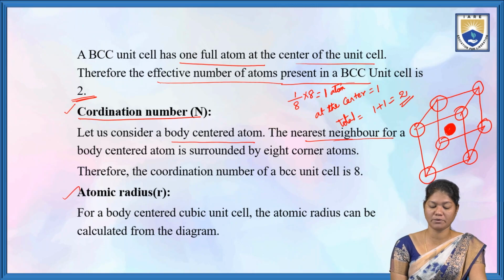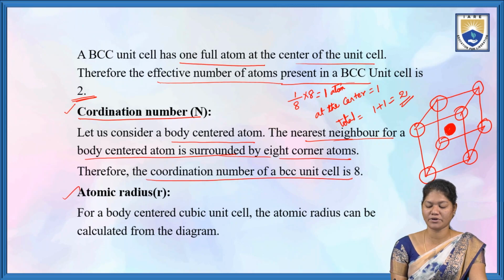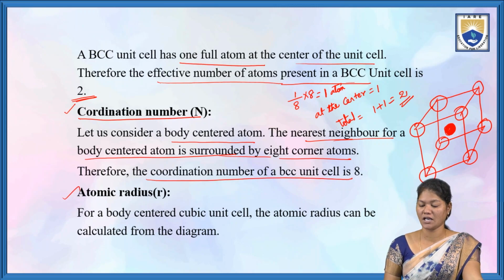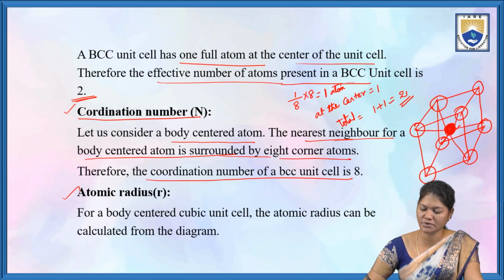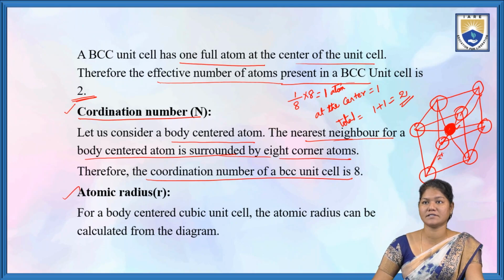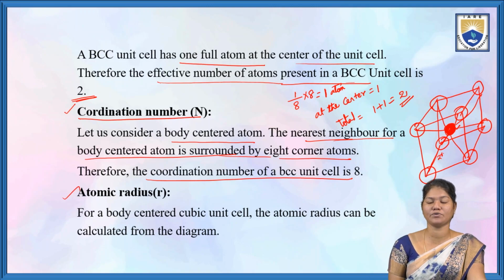Here the nearest neighbor for a body centered atom is surrounded by 8 corner atoms. So the coordination number of a BCC unit cell is 8. Considering this center atom, the nearest neighbors are here, here, here. All 8 corners are at 2r distance.